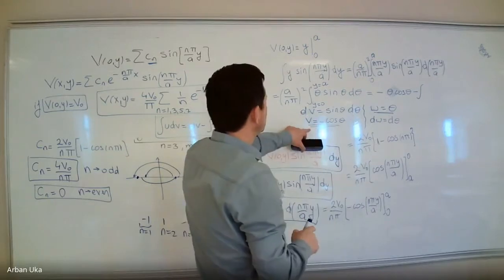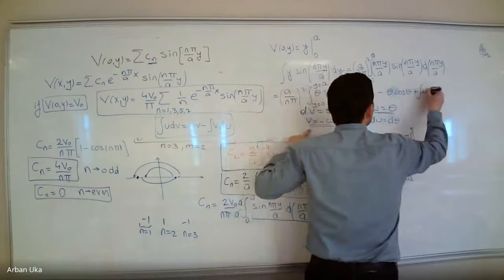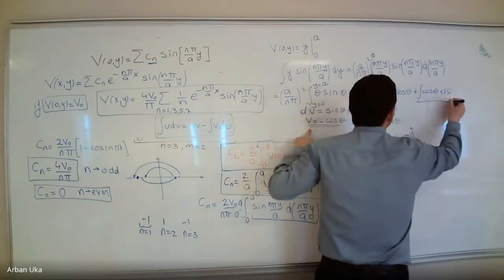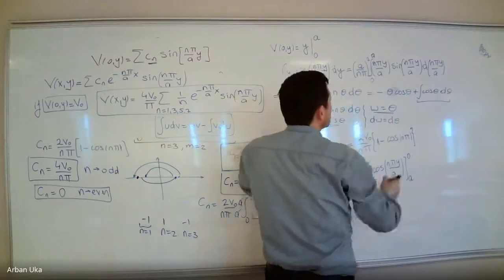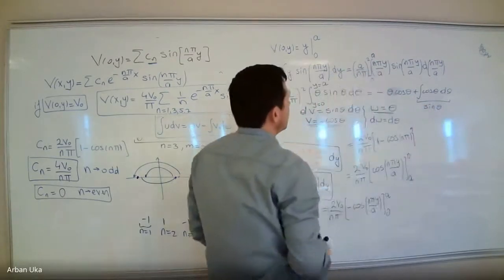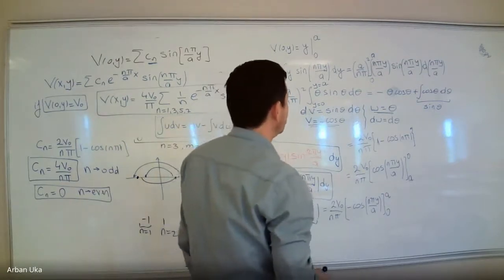The v is this, du is d theta, so minus, this is plus cosine theta d theta. This integral is equal to sine theta.